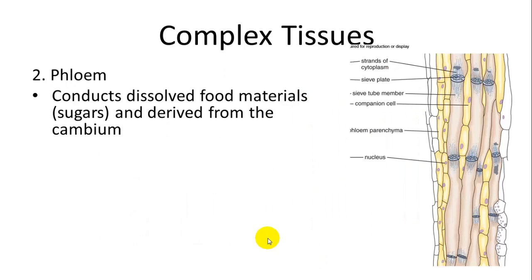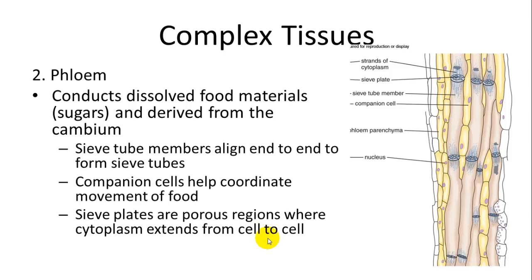Phloem then is how sugars and food are transported throughout the plant. And they conduct the food, first usually sugar, dissolved in a fluid, which is derived from the cambium. So sieve tube members are, again, kind of like the plumbing.